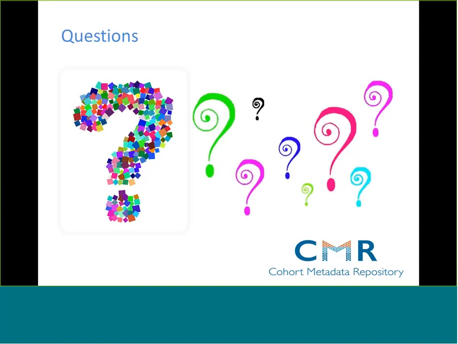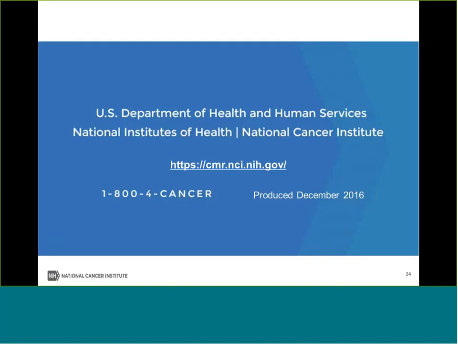Yes, the site is the Cohort Metadata Repository, the CMR, that's the name of the database. The website, it should be on the screen that you're looking at now, but it's https://cmr.nci.nih.gov.